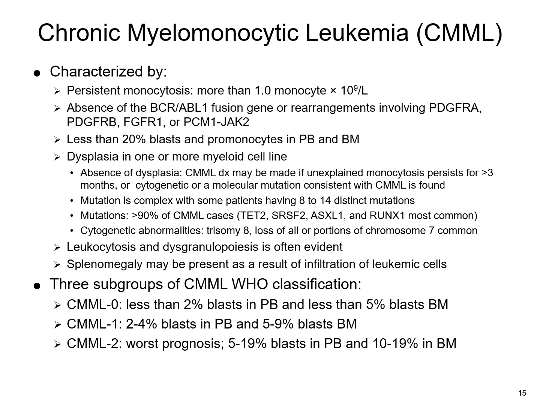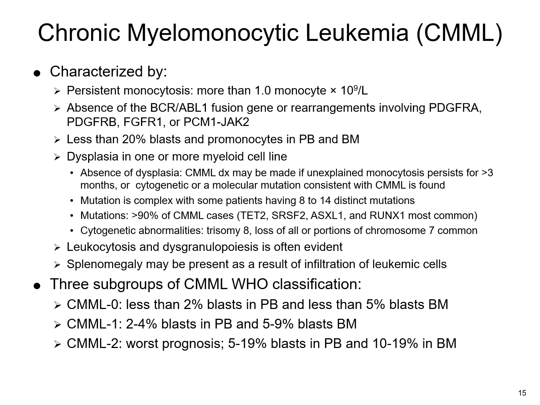Chronic myelomonocytic leukemia. As the name implies, you're going to have issues with those monocytes. You're going to have persistent monocytosis with more than 1.0 monocytes present.